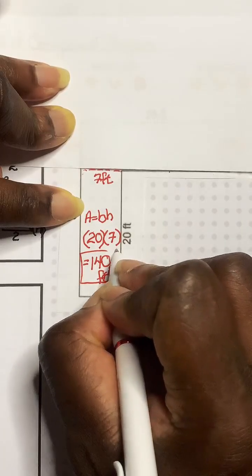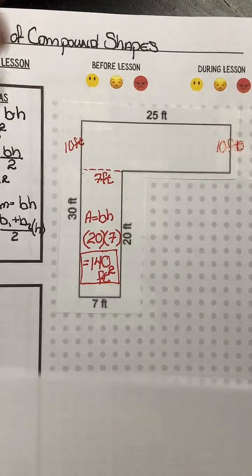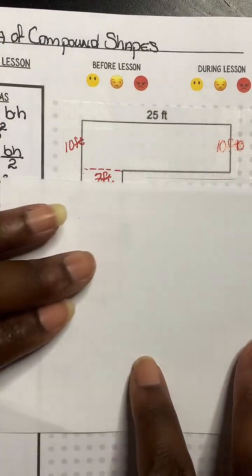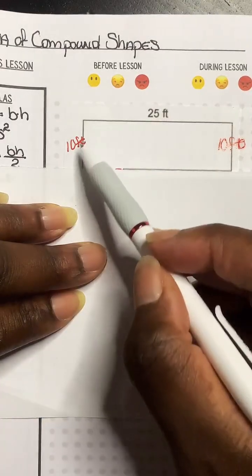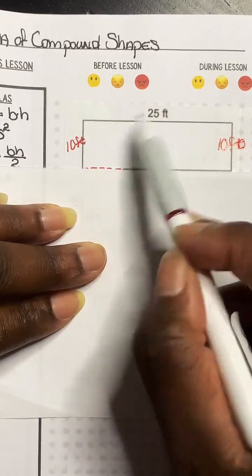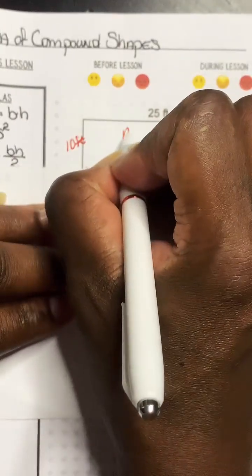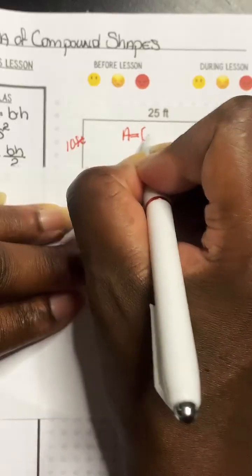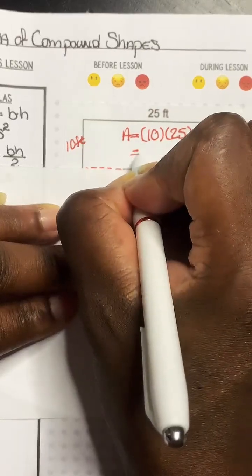But this is only part. This is what this rectangle is. Now, we're going to cover up and focus on this one. So remember, it's going to be your 10 feet times your 25 feet. If we're looking for the area, you have your 10 times 25 or 25 times 10. Remember, it's commutative.